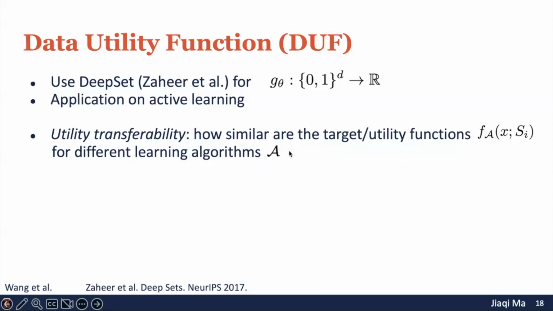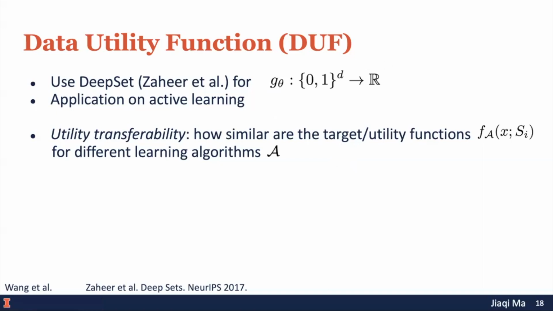This is very relevant to the active learning concept. They also proposed efficient ways to measure the utility transferability. And empirically, they find that the utility function tends to be quite transferable across some common machine learning models. That indicates that if we learn this target function using one learning algorithm, we sometimes may be able to directly apply it to other learning algorithms.